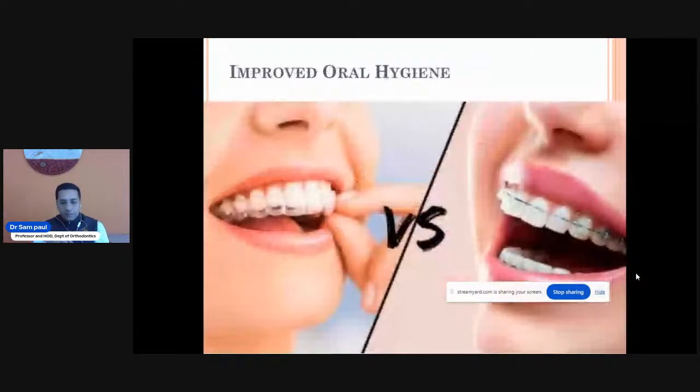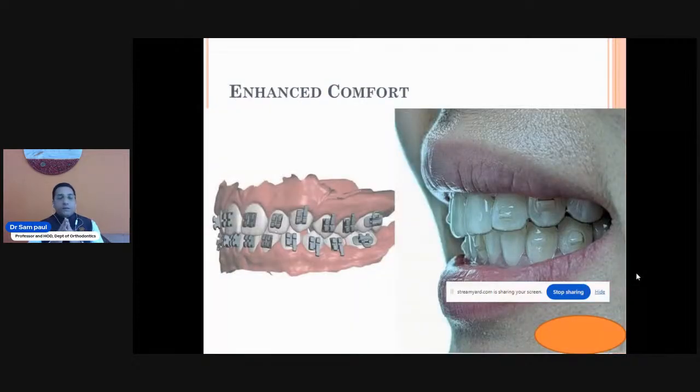Since they can be removed, individuals can maintain their regular brushing and flossing and all the routine things without any obstructions. Enhanced comfort. These aligners are made according to the individual's teeth alignment so that they can fit easily over the teeth, providing a more comfortable orthodontic experience.